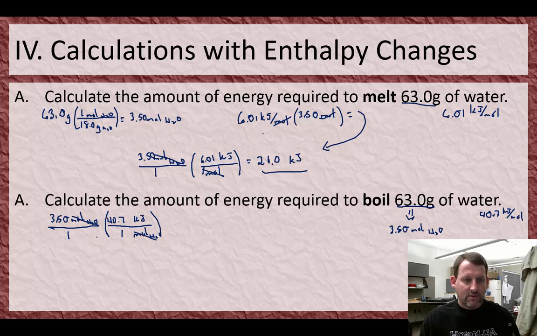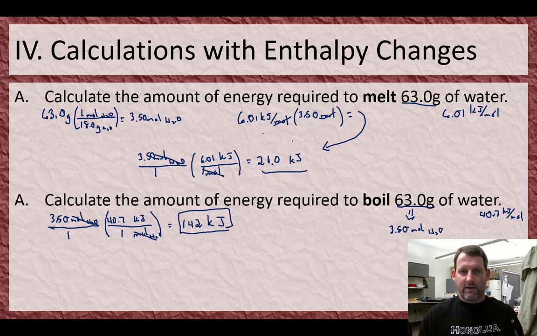Moles cancel. I have 3.5 times 40.7, and that gives me an answer of 142 kilojoules. Now I can do it that other way as well. I can say, hey, I want to start with this number because that's what makes the most sense for me.